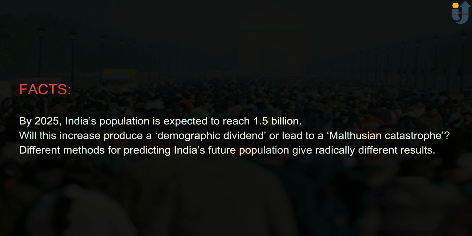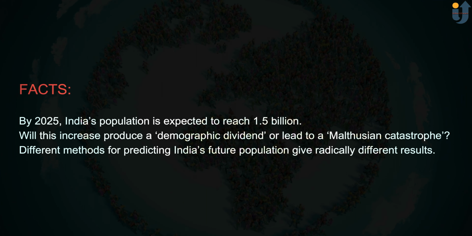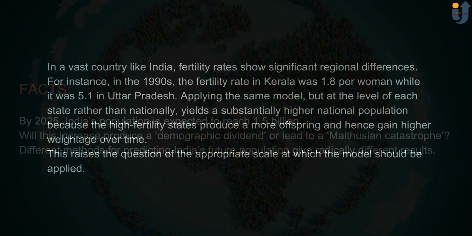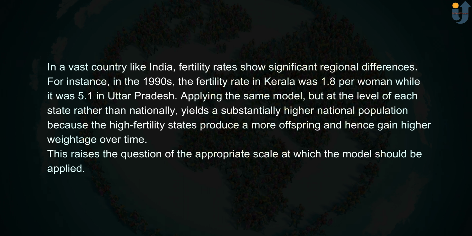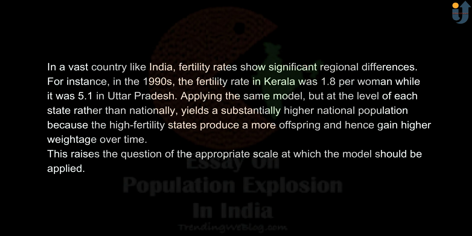Will this increase produce a demographic dividend or lead to a Malthusian catastrophe? Different methods for predicting India's future population give radically different results. In a vast country like India, fertility rates show significant regional differences. For instance, in the 1990s, the fertility rate in Kerala was 1.8 per woman, while it was 5.1 in Uttar Pradesh.